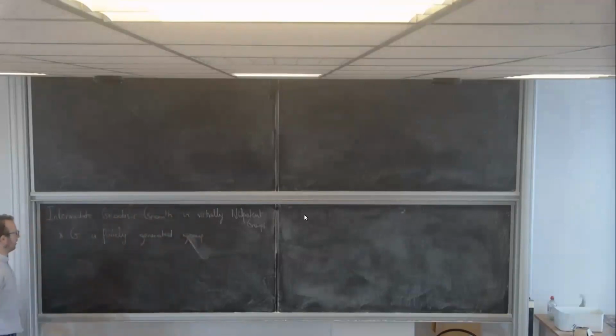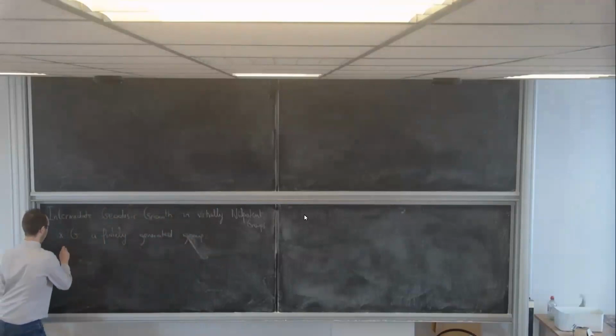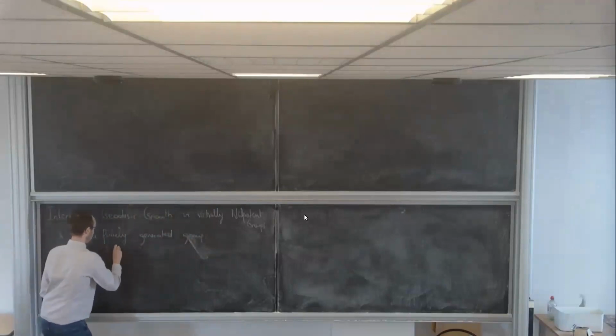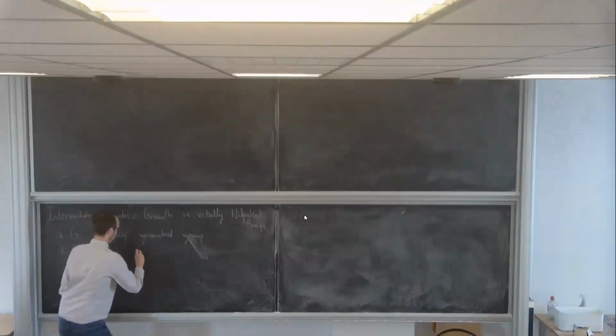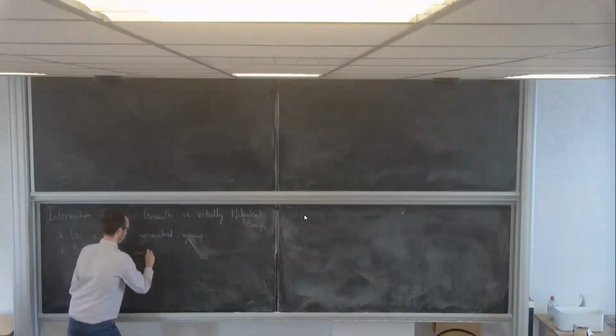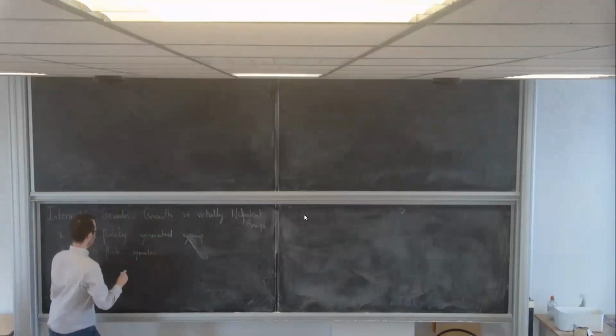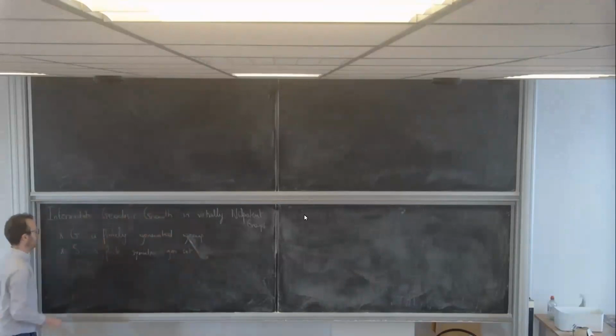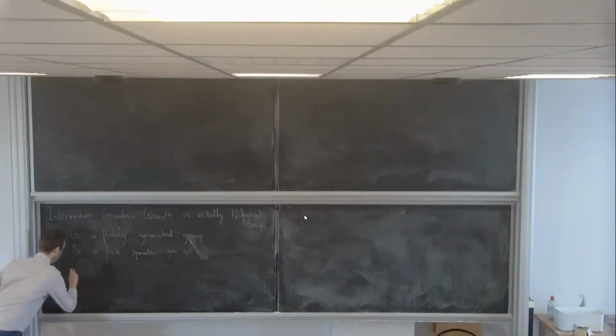And then we also fix a generating set S, which I'm going to take symmetrical, so it's equal to its inverse. And from this data, we can define the usual word metric.